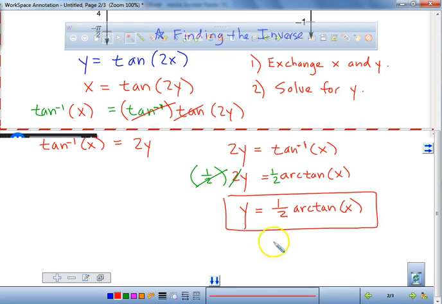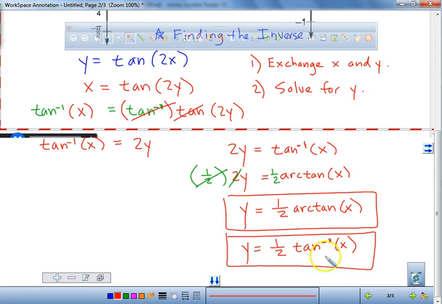This is the function that is the inverse of our original function. This is what we're going to type into the graphing calculator right now.